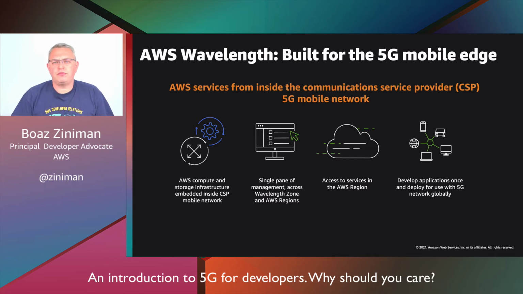Wavelength Zones deliver a consistent developer experience across multiple 5G networks around the world, allowing you to build ultra-low latency applications using the same familiar AWS services, APIs, tools, and functionality you already use today. And you don't need to reinvent the wheel each time you need to onboard a new network that becomes available on Wavelength.